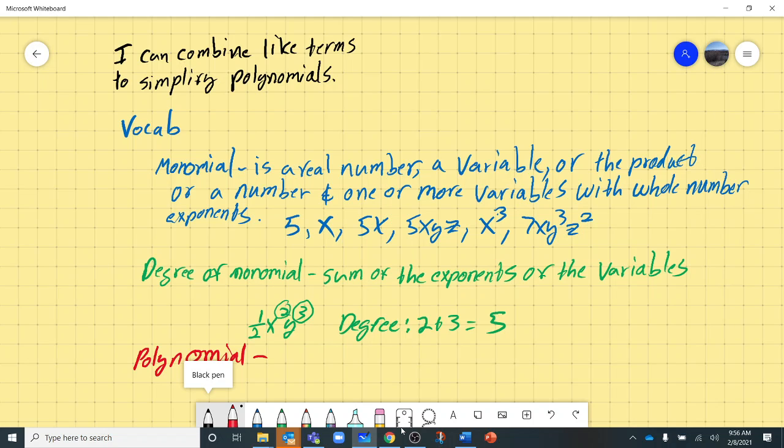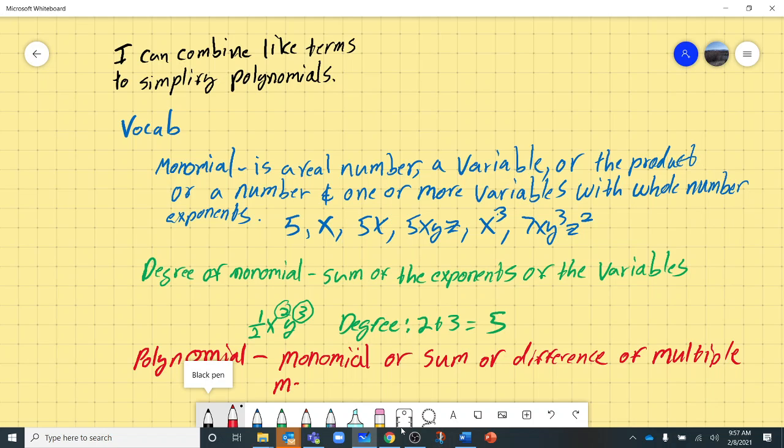Okay, so a monomial actually qualifies as a polynomial. So a monomial or sum or difference of multiple monomials.